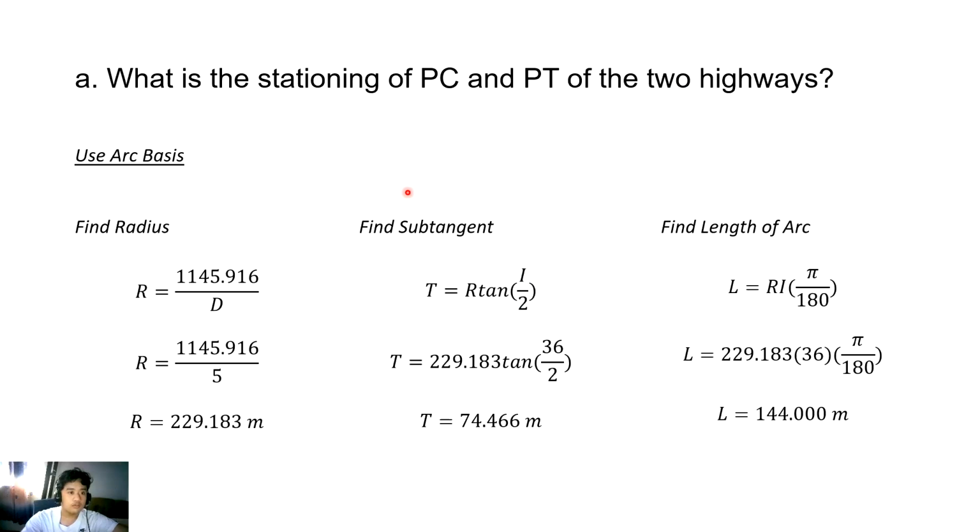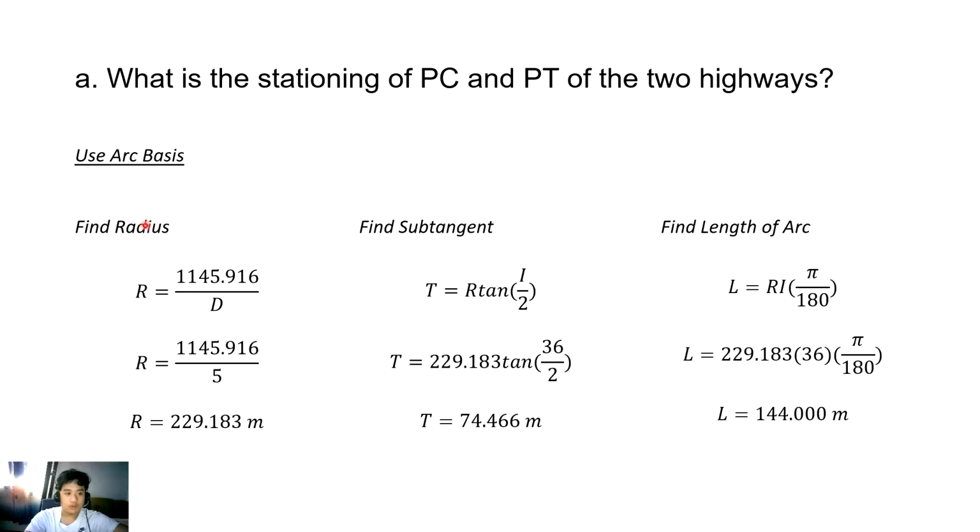For the first question, what is the stationing of PC and PT of the two highways? Based on the question, we see that it asks about the two highways. So automatically, when we see highways, usually we use the arc basis.